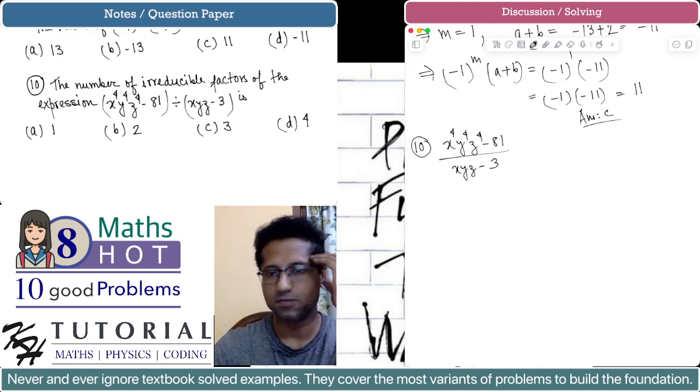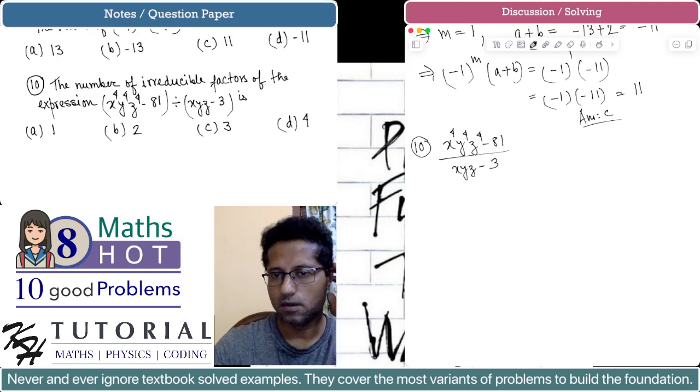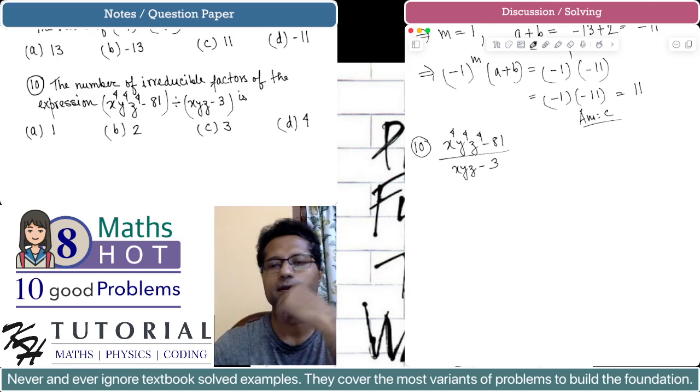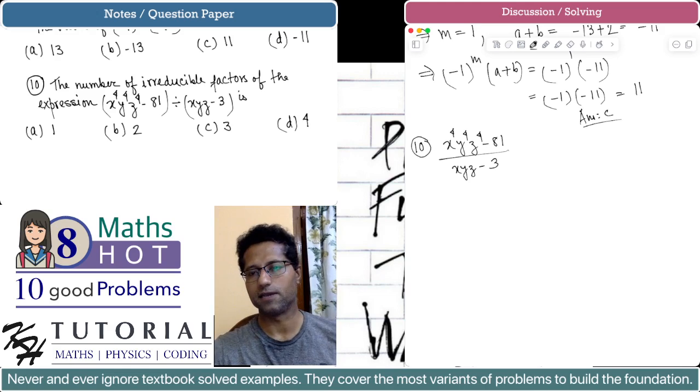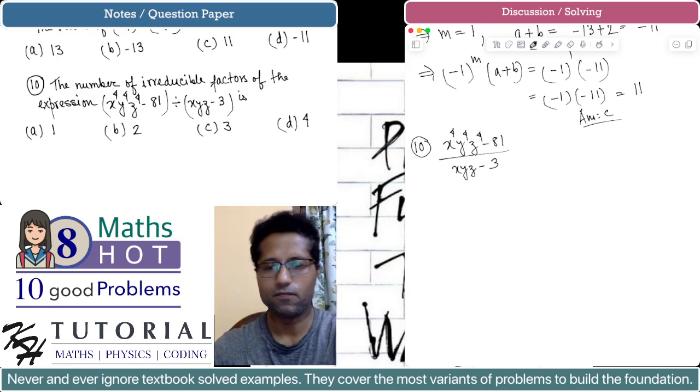That is, possibly we have to factorize the numerator and see if there are any common factors. If we can cancel out, the denominator is an irreducible factor, because xyz minus 3 cannot be further factorized. Any algebraic expression which cannot be further factorized is known as an irreducible factor.